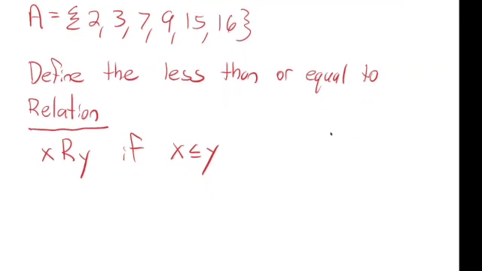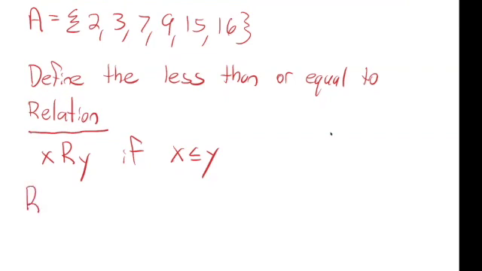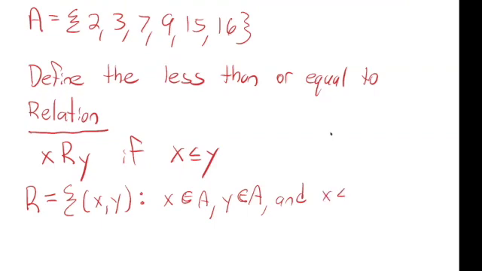So one way that I could define this relation is exactly that. I can define this in set builder notation. So I could say R is going to be the set of all things X, Y, where first of all, that's one way we could define that relation using this set builder notation.